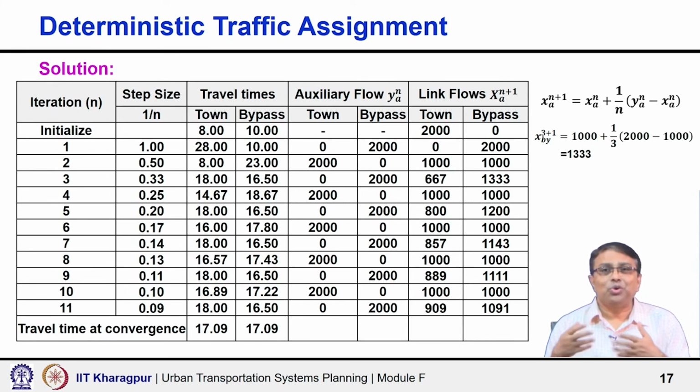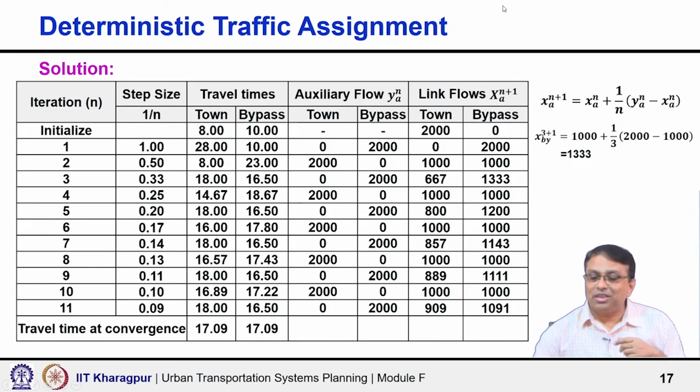So, this link flow update is based on consideration of the actual link flow in the previous iteration and the present auxiliary flow, using this equation shown here: x a n plus 1 equals x a n plus 1 by n into y a n minus x a n. So, in the n plus 1th iteration, what will be the link flow?